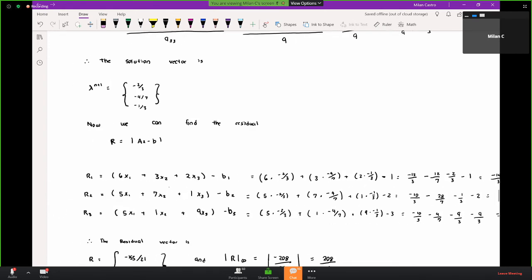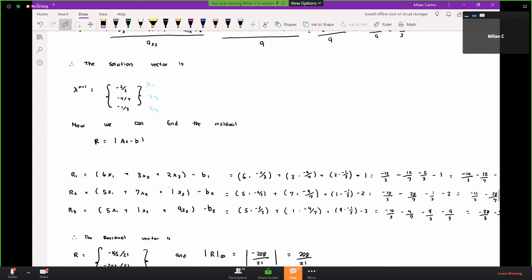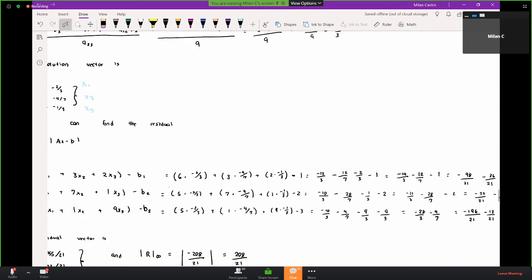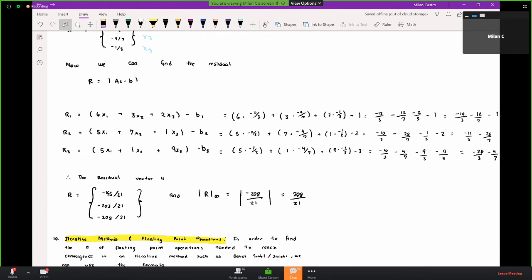And basically, we're just inputting our x1, our x2, and x3. So we don't have to go through that because that's just plugging and chugging once you actually have these equations written down. And your final solution will end up looking like this.